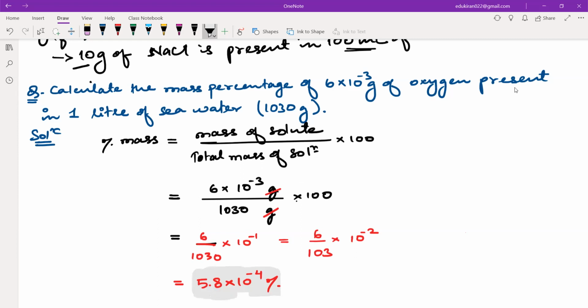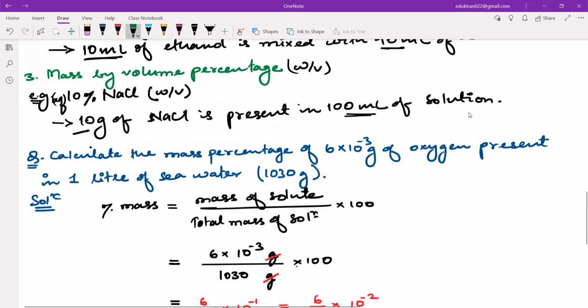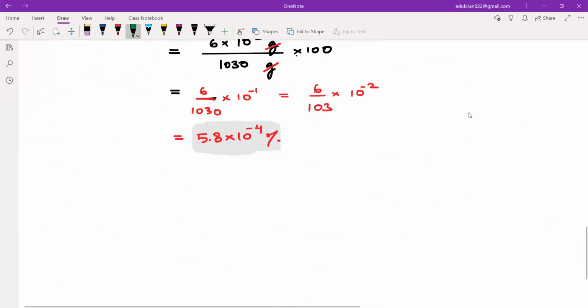Now, in order to deal with this type of concentration terms, in which the amount of solute is very, very less, chemists came up with another term, that is parts per million, which is ppm.